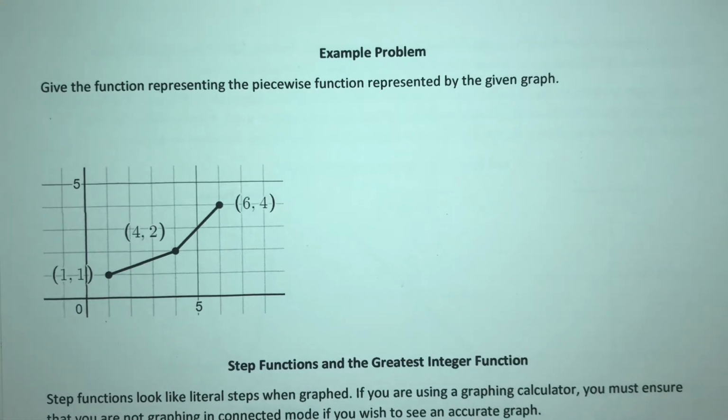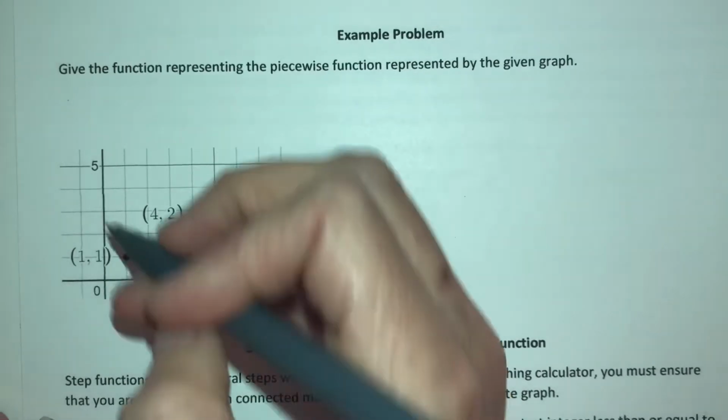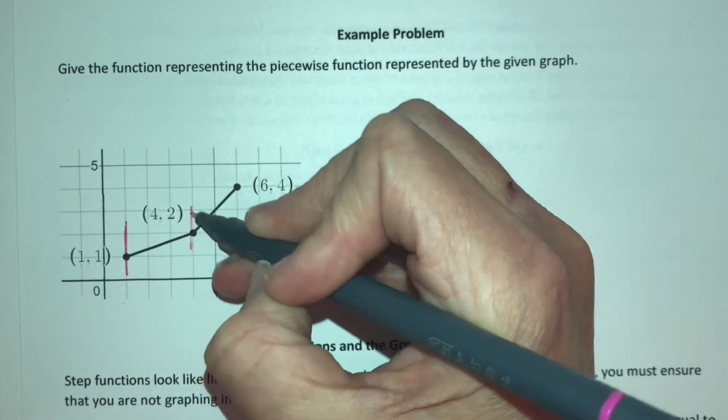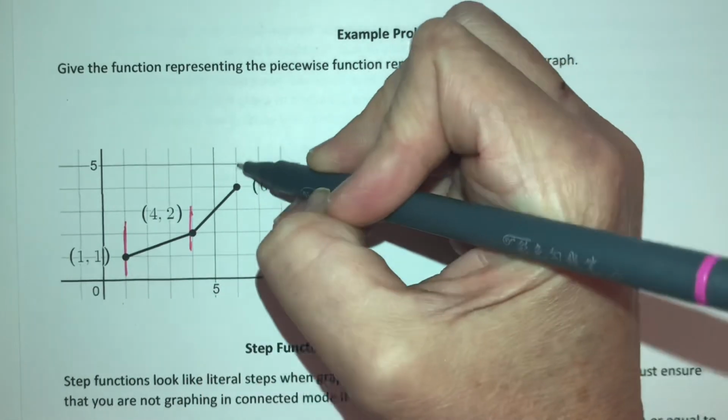Okay, so let's look at this one. This time we're given the graph first, and they want us to give the function representing the piecewise function. So they want us to come up with a piecewise function instead of going the opposite direction. So I think if you look at this, it's fairly easy to see that our two parts are from here to here, and then from here to here.